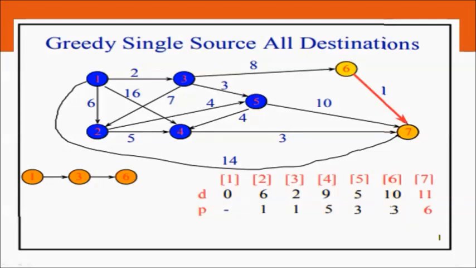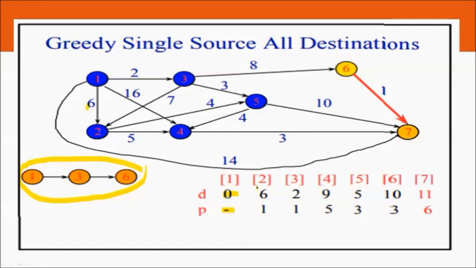Okay, next. We have a different direction now, which is 1, 3, and 6. So vertex 1 going to vertex 3, going to vertex 6. Okay? So vertex 1 to vertex 1, we don't have any loop. So the distance is 0 and we don't have any predecessor. Next, from vertex 1 to vertex 2, we have a distance of 6.